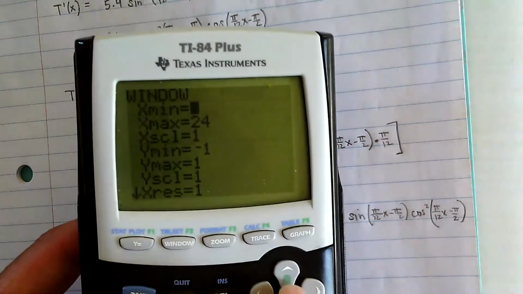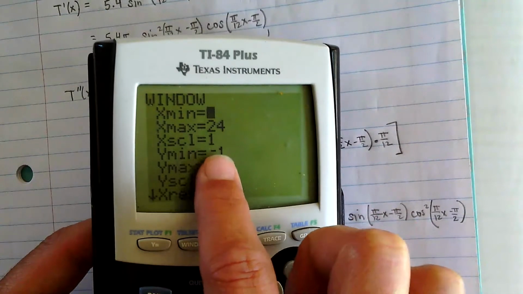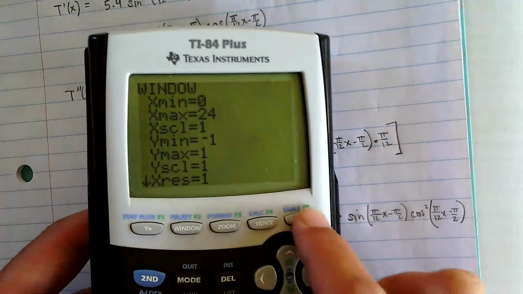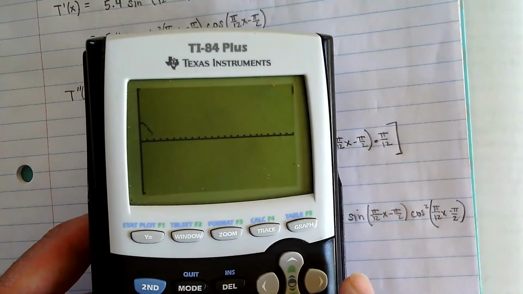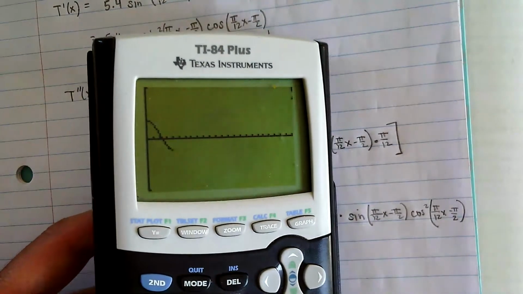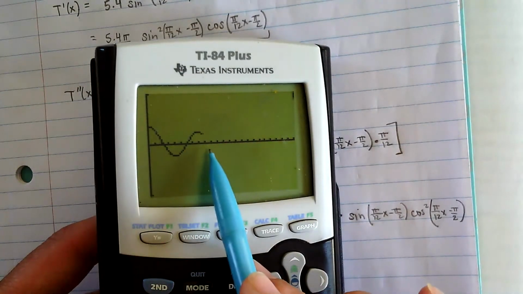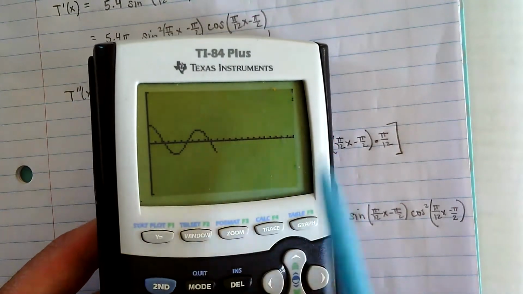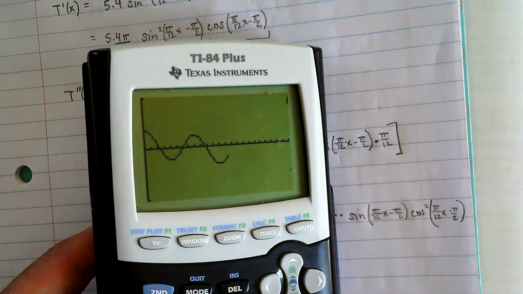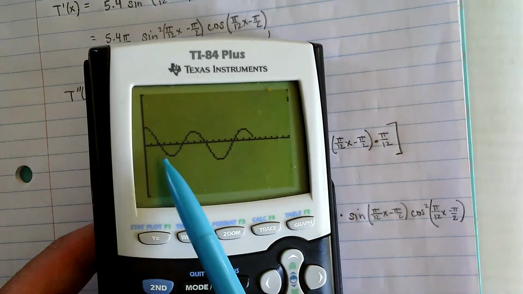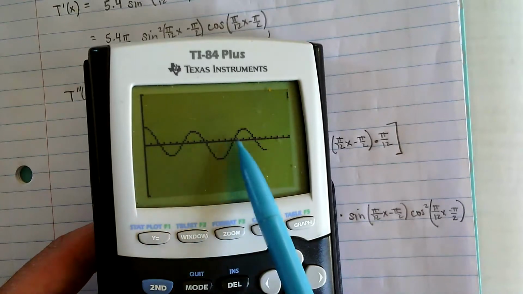And then my window, I did 0 to 24 hours, but I only really care about its 0, so I only went -1 to 1 on the y's. And I got maybe 6 of them. 1, 2, 3, and so on. And then I'm just going to do second trace zeros, and I'm going to do it however many times there were, 6, I guess, or 5. 1, 2, 3, 4, 5, 6.